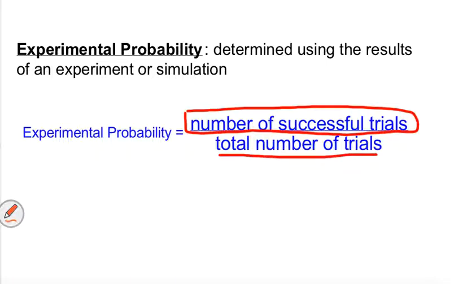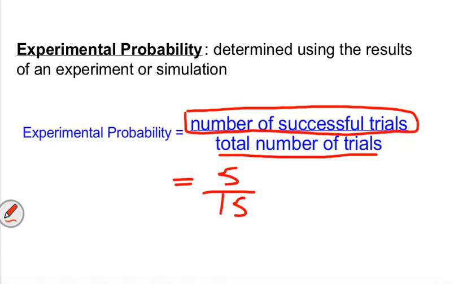So if I was flipping a coin, like if I said, what's the experimental probability of flipping heads if I do this 15 times? The number of successful trials would be how many times I flipped heads, and the total number of trials would be 15. So let's say I flipped heads 5 out of 15 times. The experimental probability would then be 5 divided by 15.